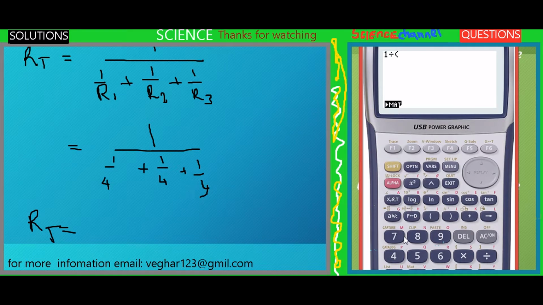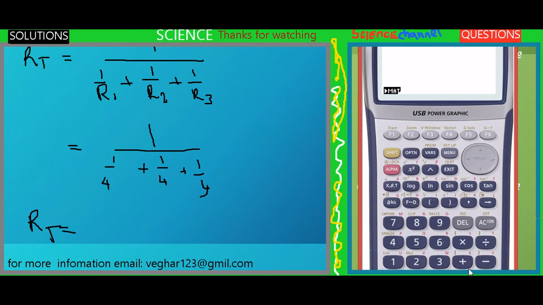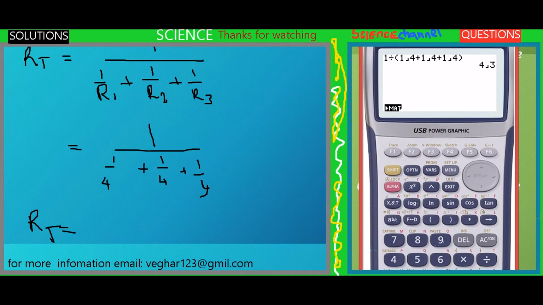Divide by bracket 1/4 plus 1/4 plus 1/4, which is 4/3.